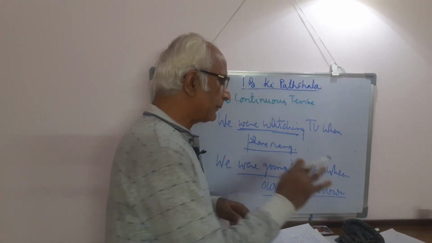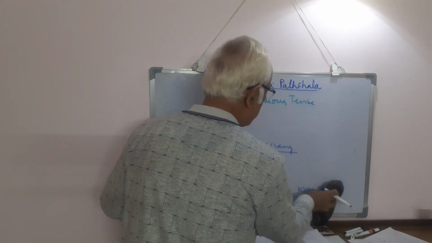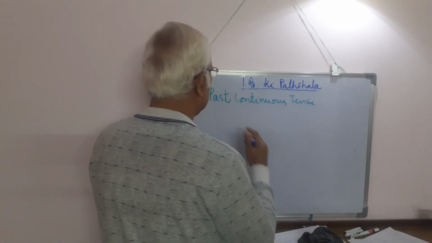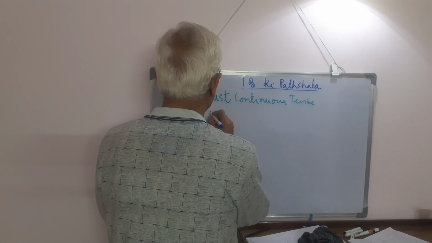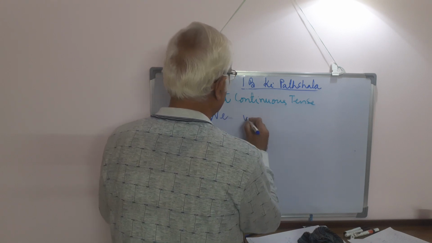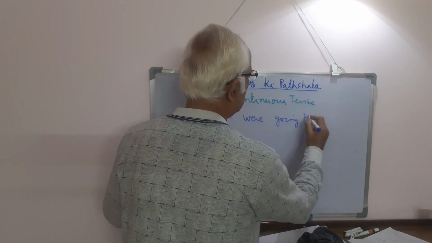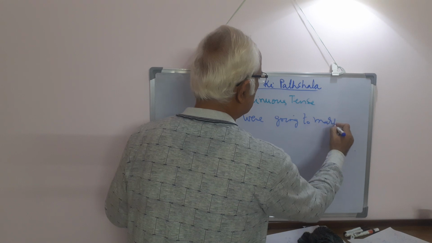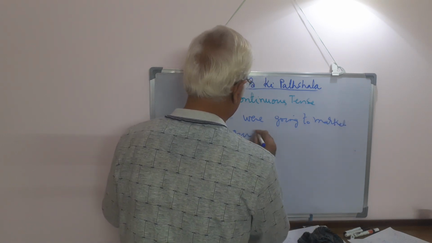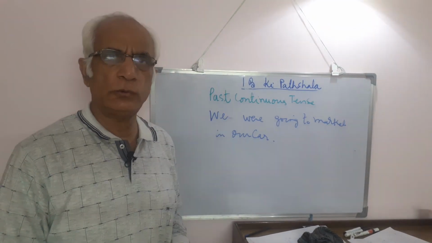So I'll just recapitulate how the sentence is structured. You have to remember this thing. We were going to market in our car. So this is a sentence in past continuous tense.